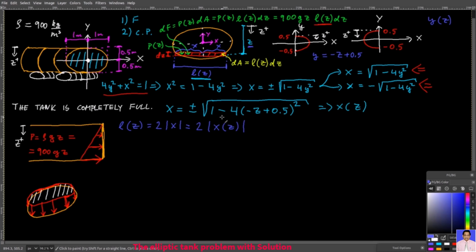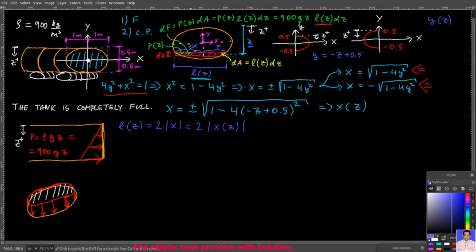Now the reason why I put the absolute sign there is because I don't really care about the signs for L. I just want the magnitude of L as a function of z. And for that, I only need the magnitude of x as well.